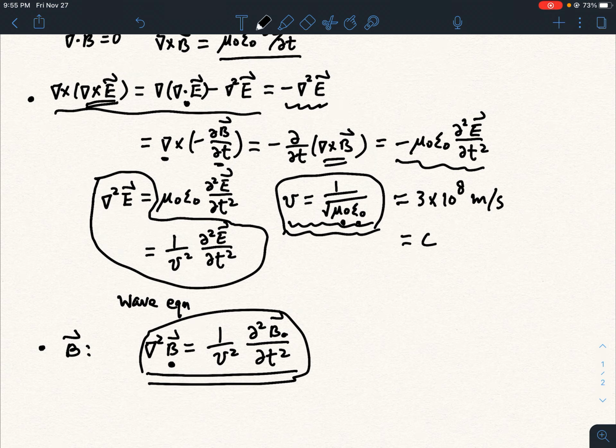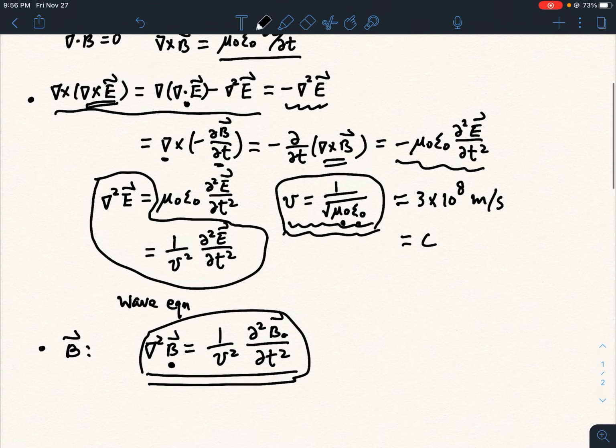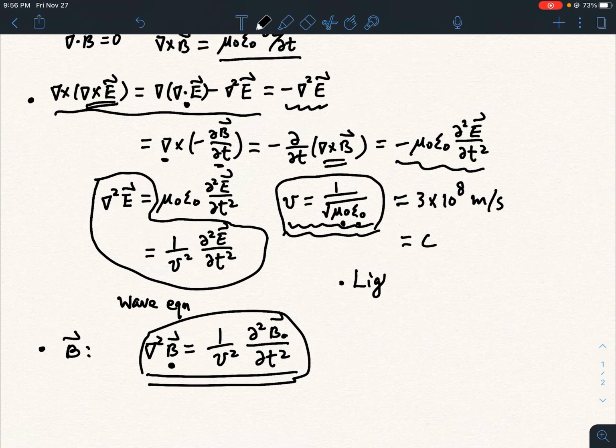So what you really see is that the electric field and magnetic field propagating in vacuum are waves, and that wave moves at the speed of light. In other words, light is an electromagnetic wave.